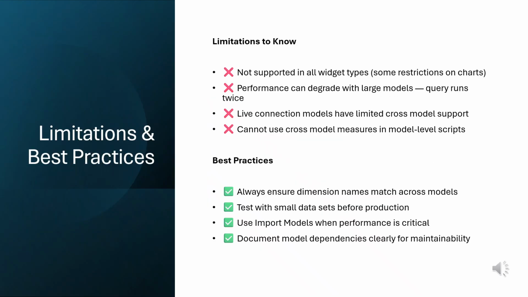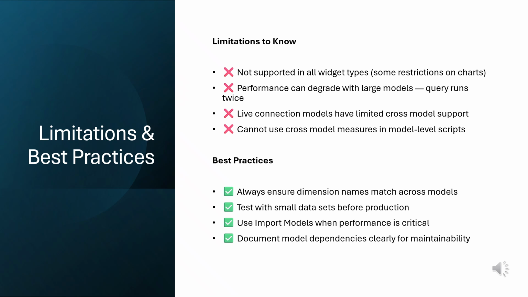Every powerful feature has its limitations, and knowing them is what separates a good candidate from a great one. First, cross-model calculations are not supported in every widget type in SAC. Certain chart types may not render them correctly. Second, there are performance costs because SAC essentially runs two queries, one per model, and then joins them in memory. For large data sets, this can be slow.